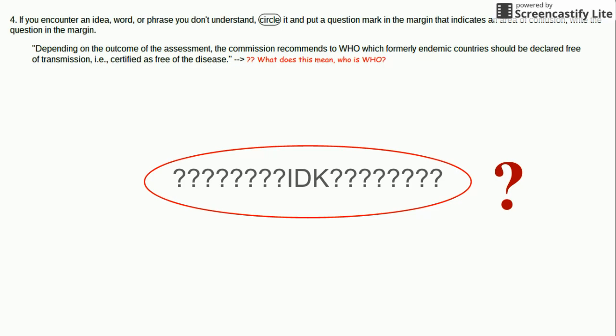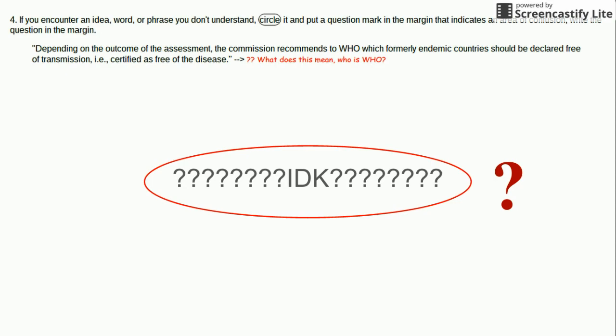If you encounter an idea, word, or phrase that you don't understand, just circle it and put a question mark in the margin. This then indicates an area of confusion, so then you can write the question within the margin. So, in the sentence below, it says, depending on the outcome of the assessment, the Commission recommends to WHO which formerly endemic countries should be declared free of transmission.